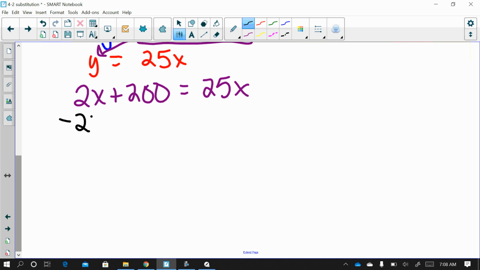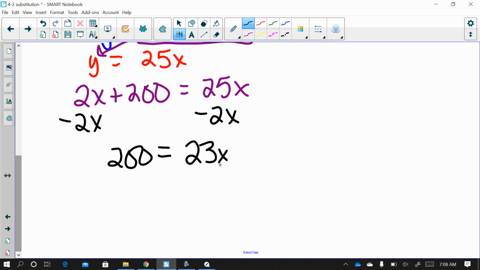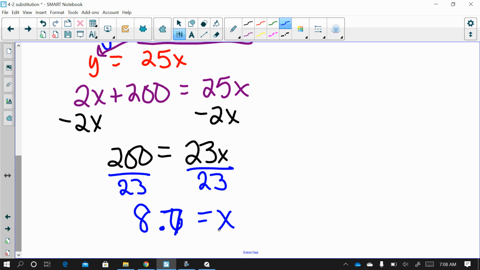So I'm going to subtract 2x. 200 is equal to 23x. Get x by itself, we're going to divide. 200 divided by 23 is equal to 8.7. Okay, equals x. That means after I do 8.7 lawns, my revenue is going to equal my expenses.